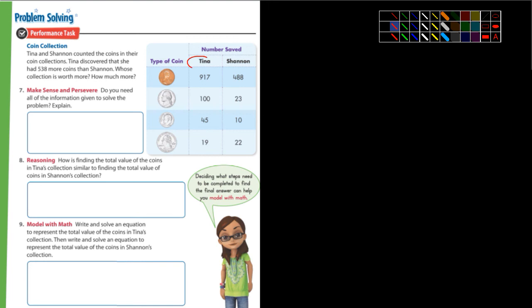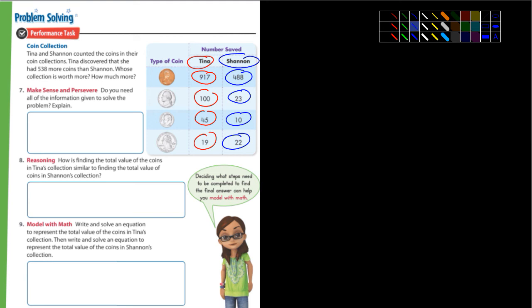Okay, Tina had 917 pennies, 100 nickels, 45 dimes, 19 quarters. Shannon had 488 pennies, 23 nickels, 10 dimes, 25 quarters.